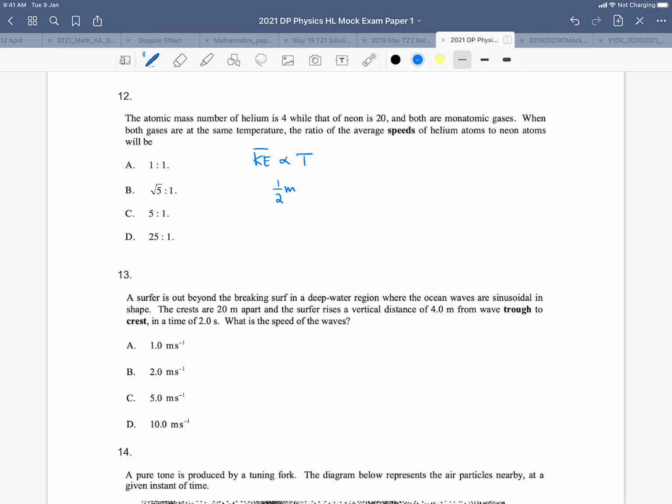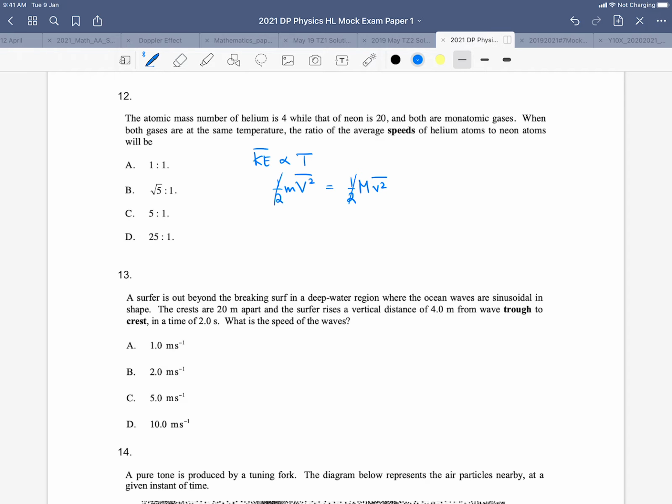The smaller mass has to have the larger velocity in order to have the same average kinetic energy. So let me write the velocity as a big capital V, and that's sort of the average of the square of the speeds. We don't want to get too technical with that. And then that kinetic energy per particle has to equal the average kinetic energy per particle for neon, which has a bigger mass, so it's going to have a smaller speed.